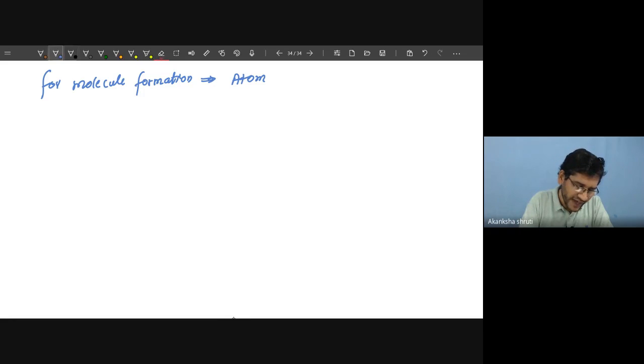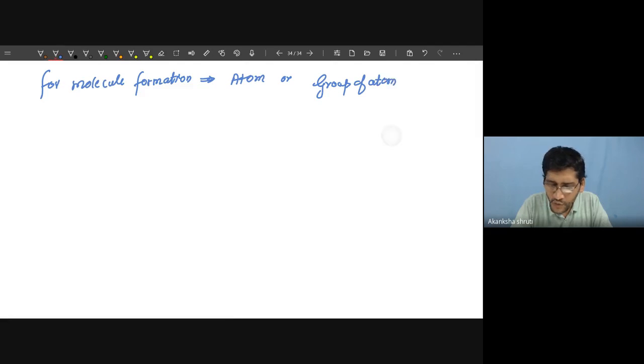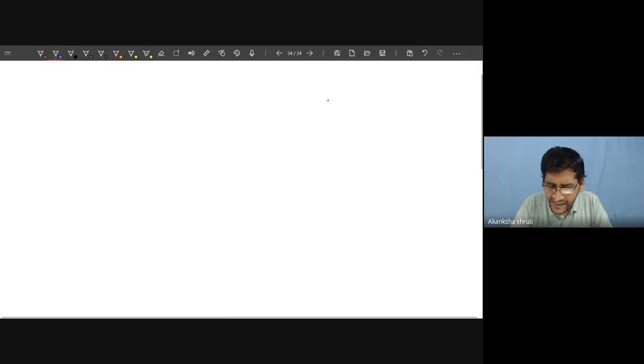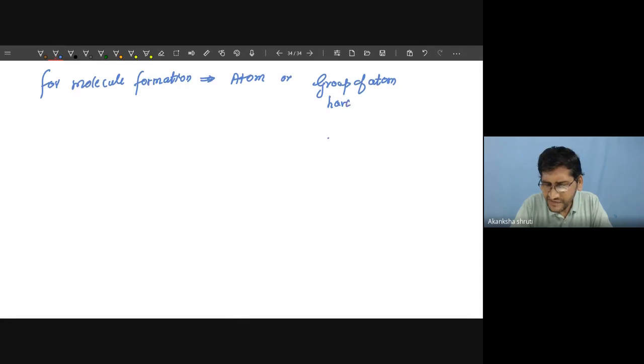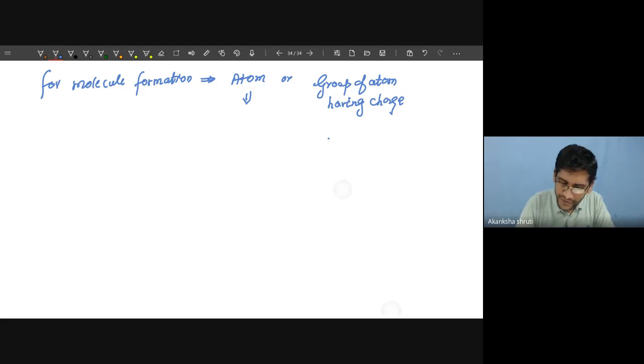We also know there are certain groups of atoms. If these groups of atoms have charge, we need to consider this, or if the atom itself is there, then how much charge it can carry, we need to keep in mind. So atoms carrying charge or groups of atoms carrying certain charge are called ions.